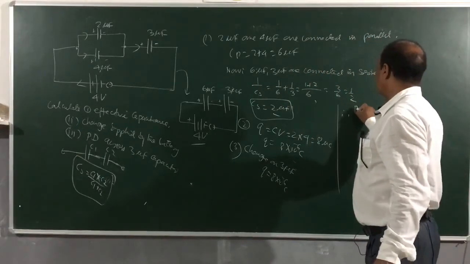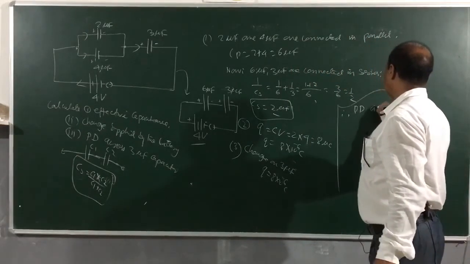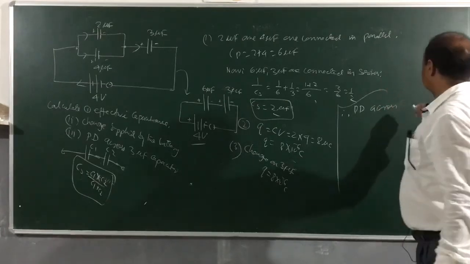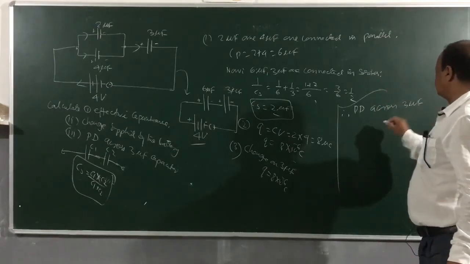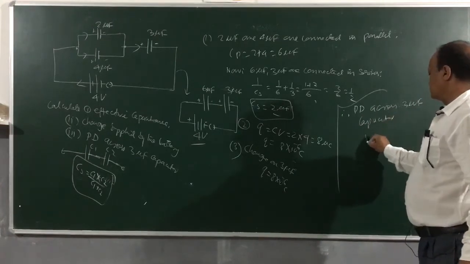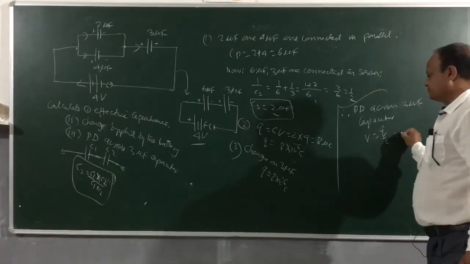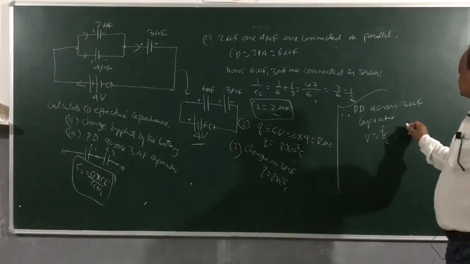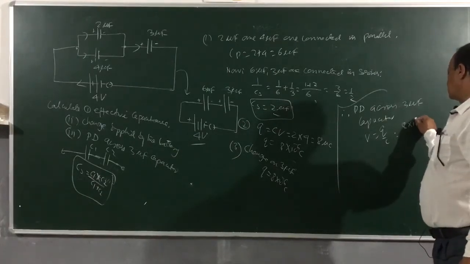Therefore, PD across 3 microfarad capacitor is equal to how much, children? Q by C. And how much is Q? 8 into 10 power minus 6.